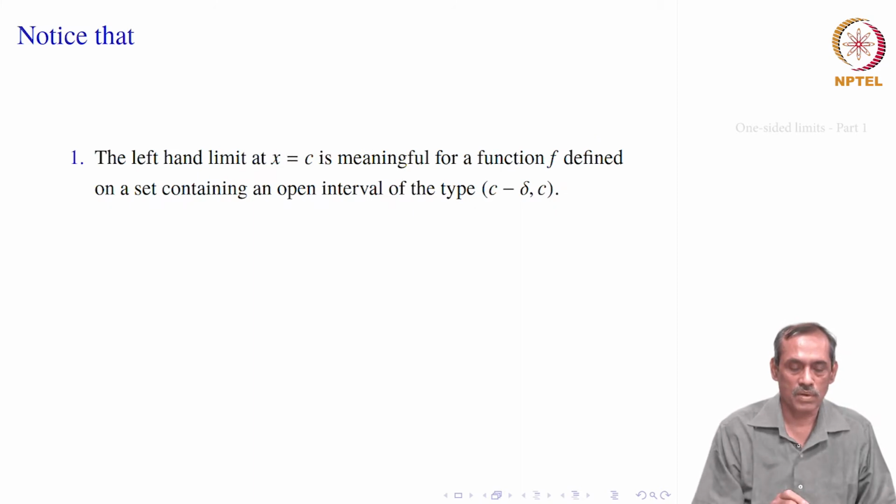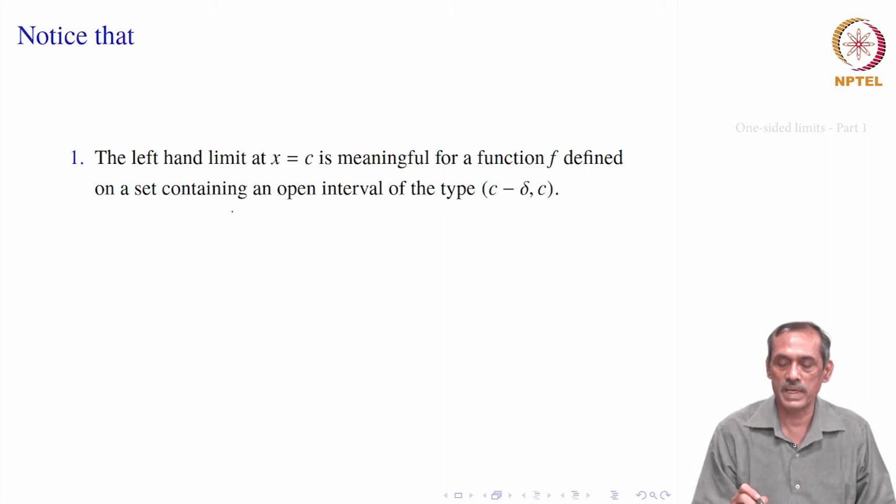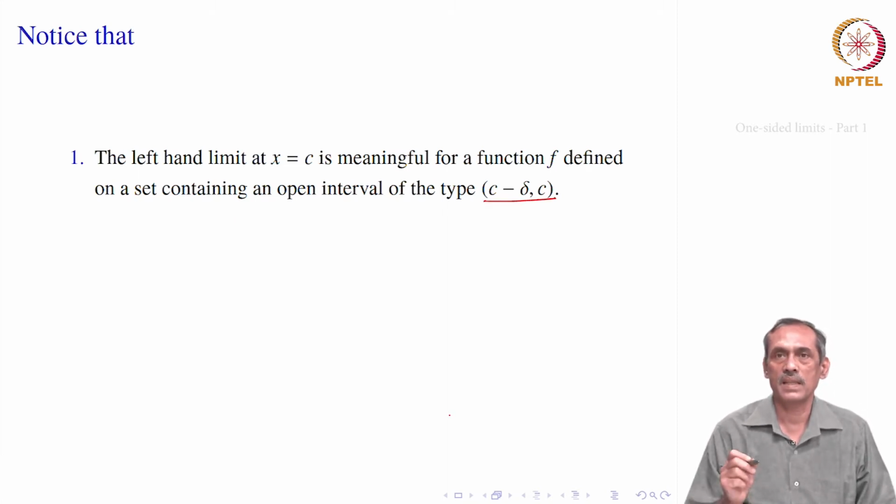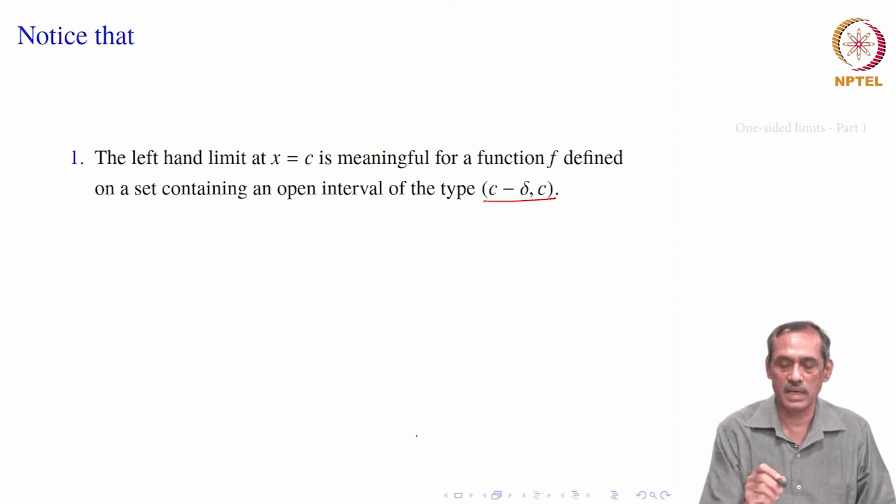Okay. So, something to point out here, the left hand limit at x equal to c is meaningful for a function f defined on a set containing an open interval of the type c minus delta to c. Recall that in the limit definition, we said that the limit is defined only when there is a neighborhood of c, which is c minus delta to c plus delta, leaving that c, a deleted neighborhood.